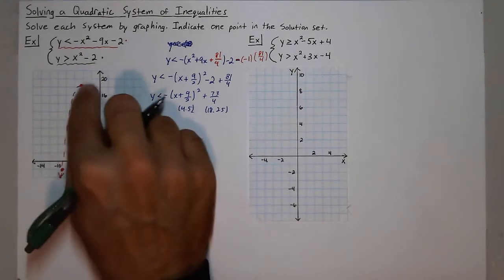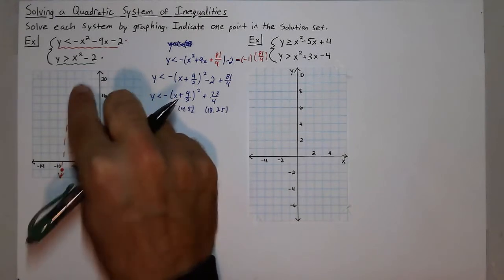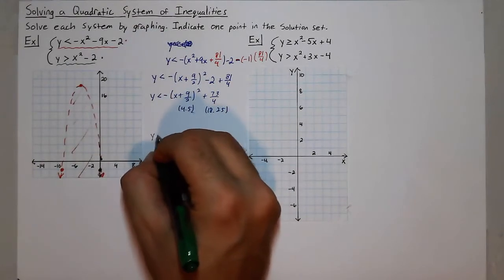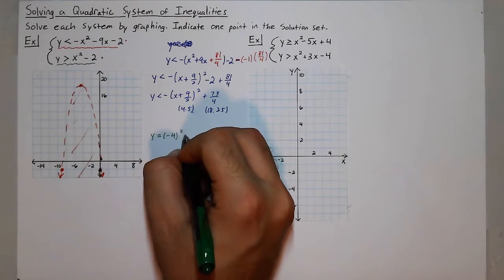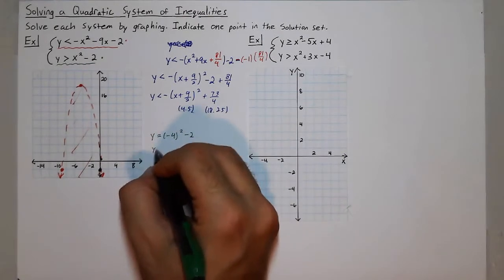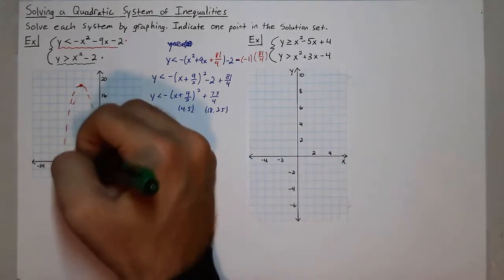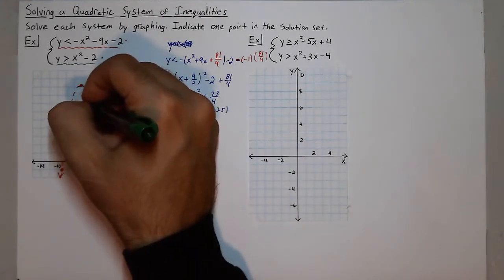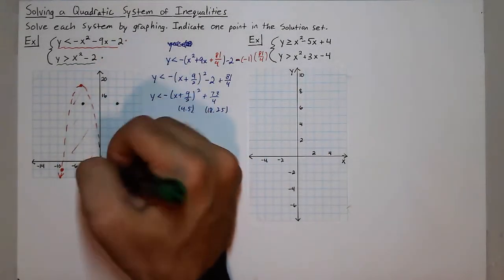So I'm just going to plug negative 4 into that equation, just to see where the other point would be. So negative 4 squared minus 2. So 16 minus 2, which gives me 14. So at negative 4, this other graph goes up to 14.